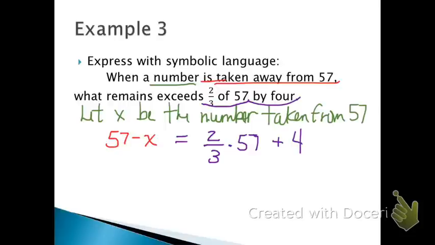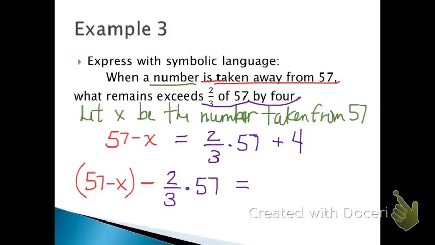Another way, I want you to look at this representation of it, and let me do it in our same colors. What if I said 57 minus x, and then I subtracted this expression, the 2/3 times 57, and I said that equals 4.